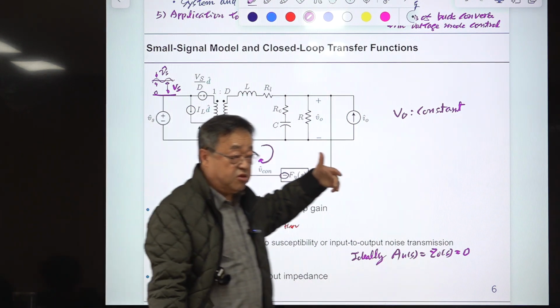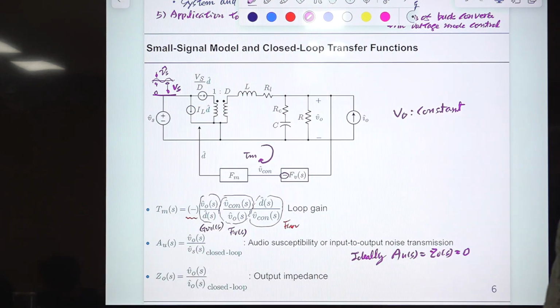That is the desired characteristic of an ideal voltage source. Of course, it is impossible to achieve this. So then what can you do? You try to minimize this for all the frequencies. That is one of your design goals.